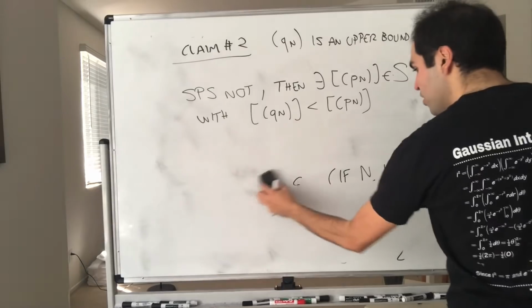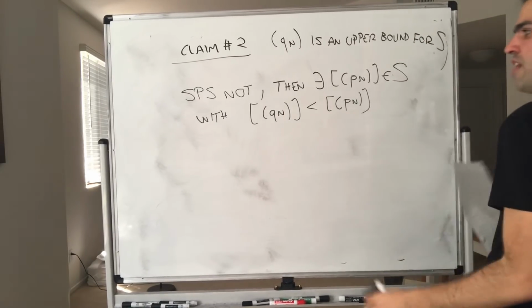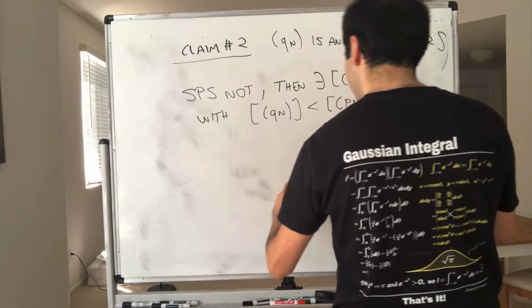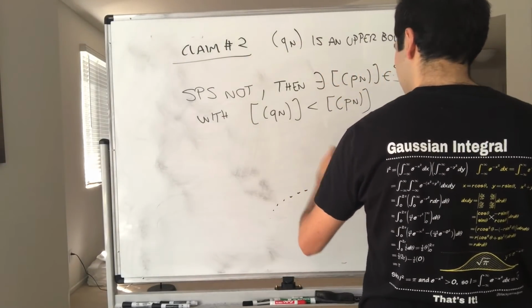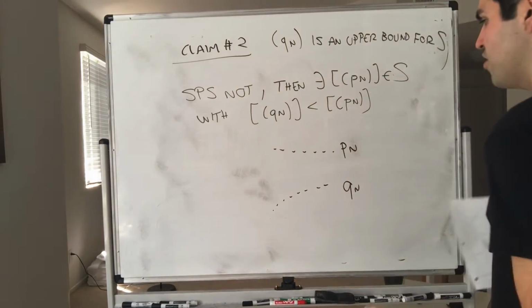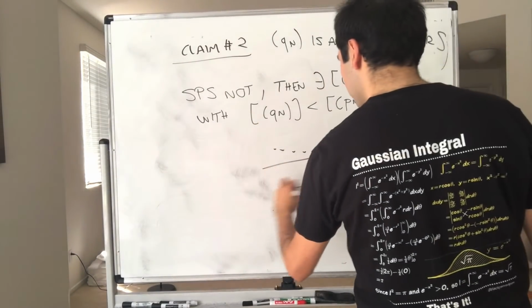But remember, there's this very good definition of less than. So again, this is Qn, and this is Pn. And we know they're at least epsilon apart.